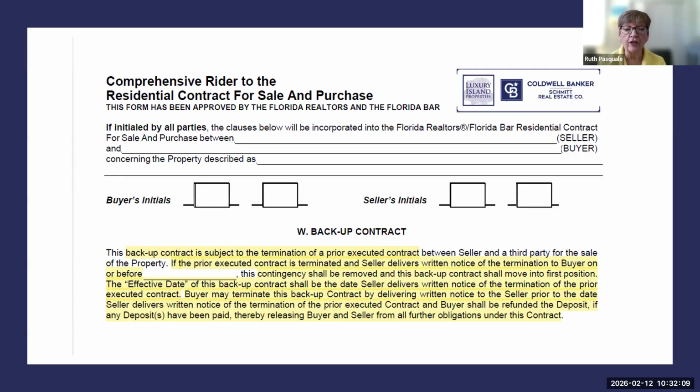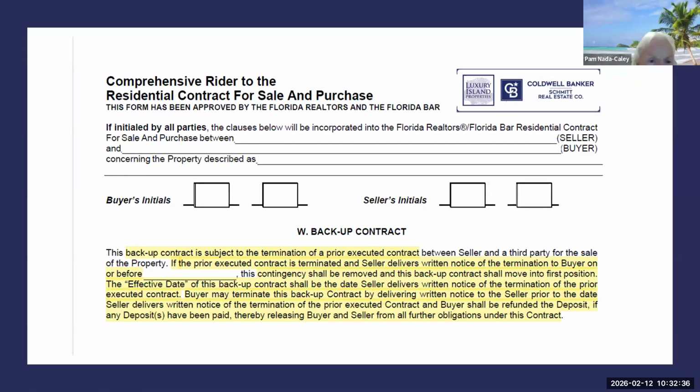And here's the clause for the backup contract. It's subject to the termination of the prior executed contract between the seller and a third party. If the prior executed contract, that's the primary, is terminated, and the seller delivers written notice of termination to the buyer on or before this date. What is this date?